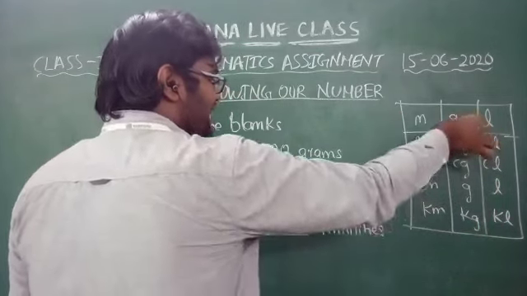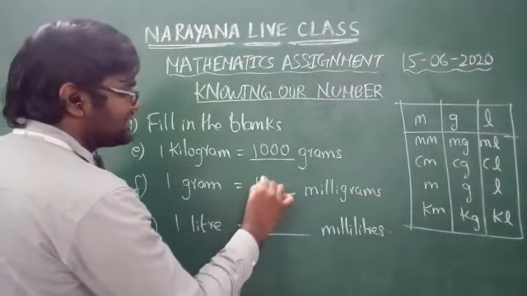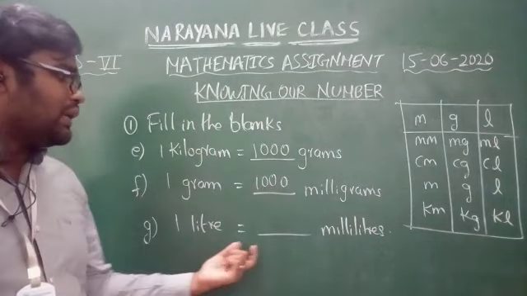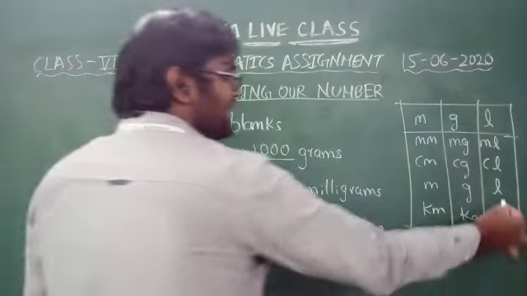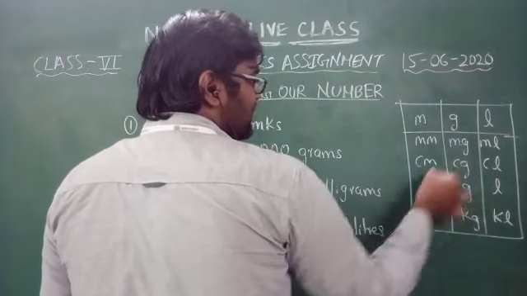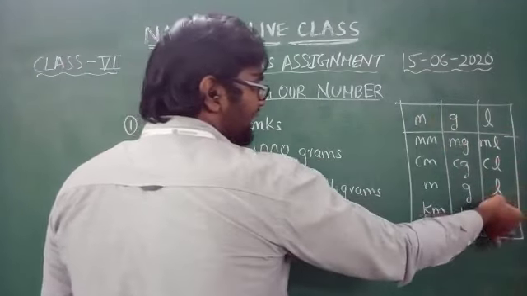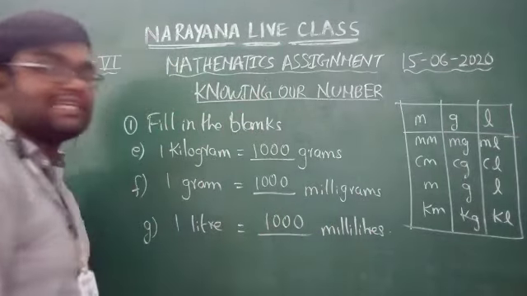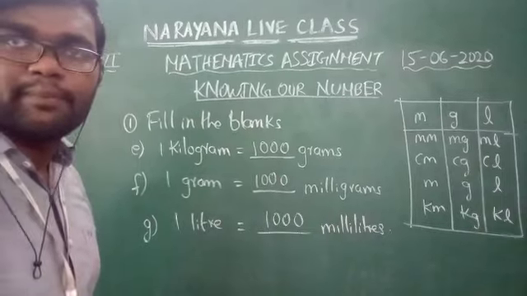So 1 gram is equal to 1000 milligrams. 1 liter is equal to dash milliliters. So 1 liter is equal to 1000 milliliters. This is the answer for the first problem.